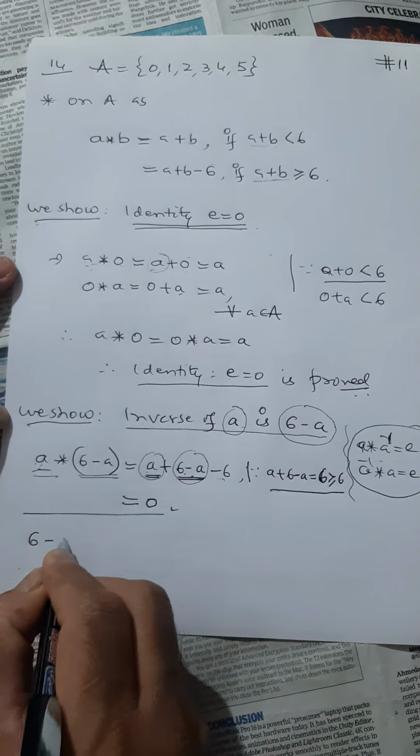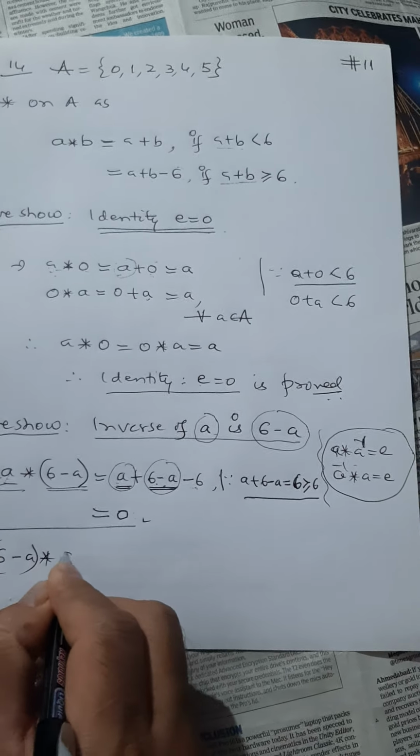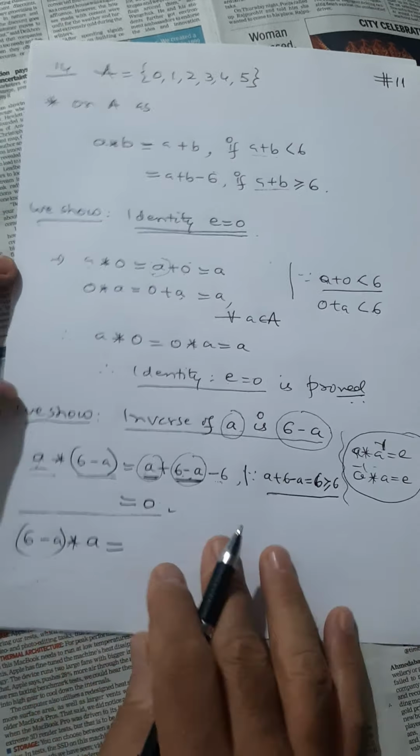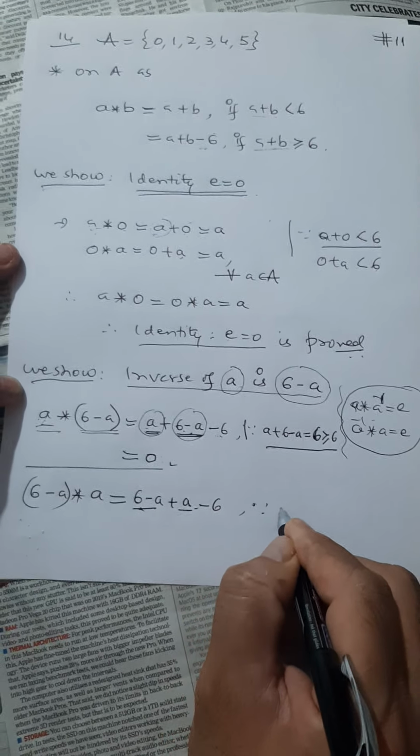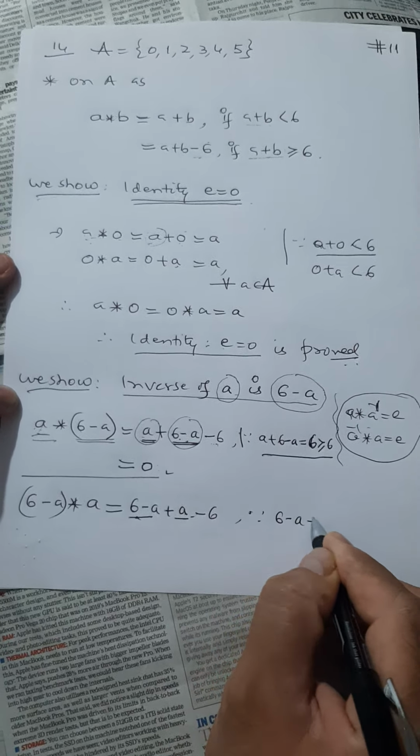Now I'll do reverse. 6 minus a asterisk a. Again you add these two: 6 minus a plus a. The sum of these two is 6. So if the summation is 6 or more than 6, then you need to do minus 6. Reason: 6 minus a plus a is 6, which is greater than or equal to 6.